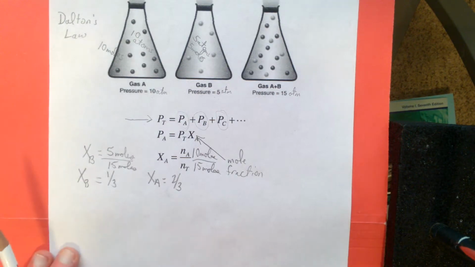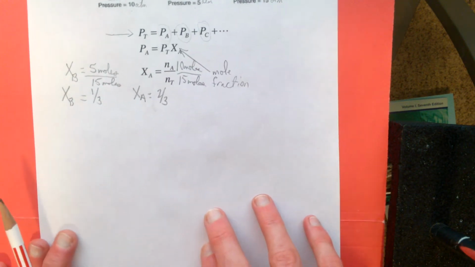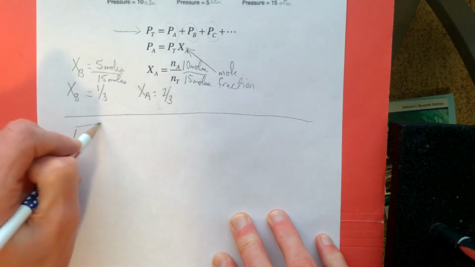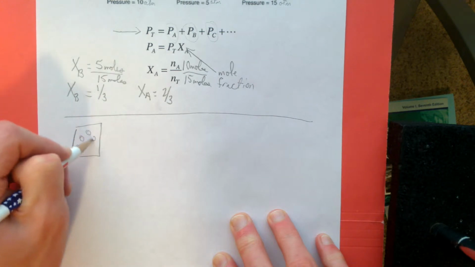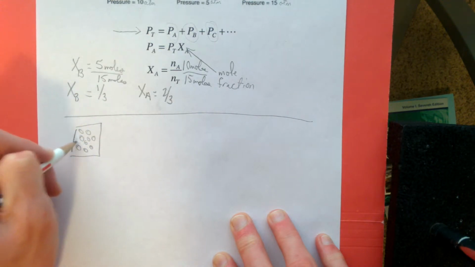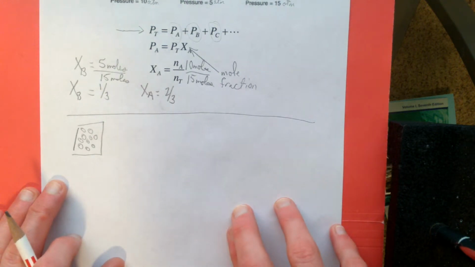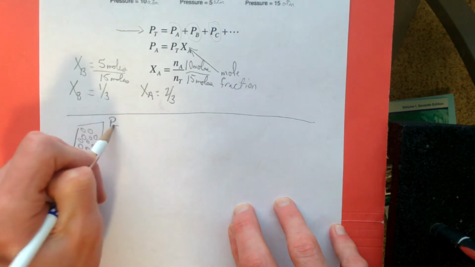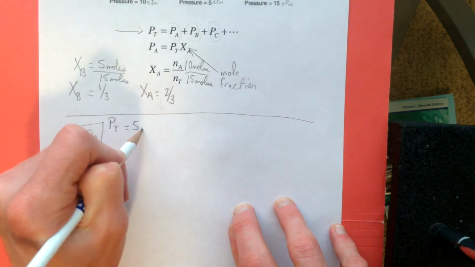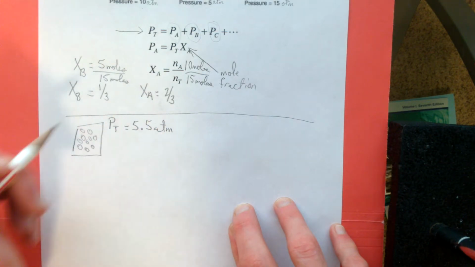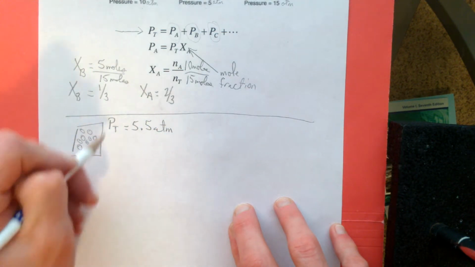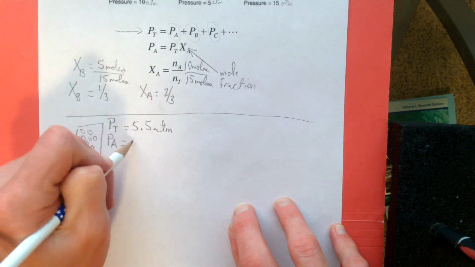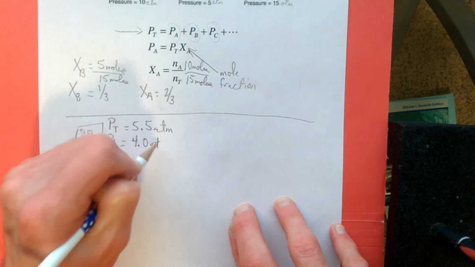Let's do a new example here. We have a mixture of gases in a box, with gas molecules floating around in here. We take measurements and we are told that the total pressure is 5.5 atmospheres, and the partial pressure of A in there is 4.0 atmospheres.